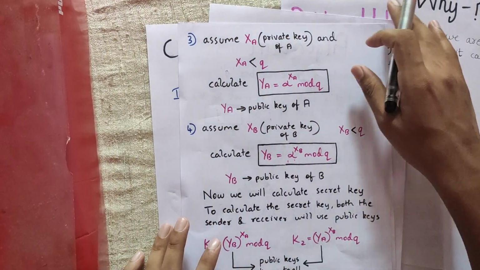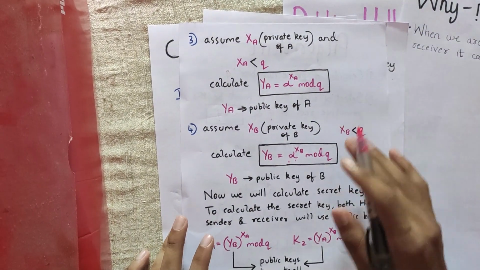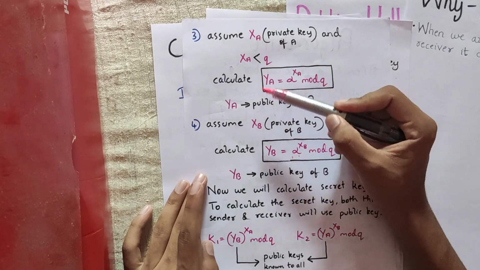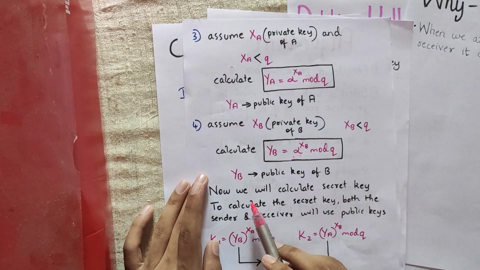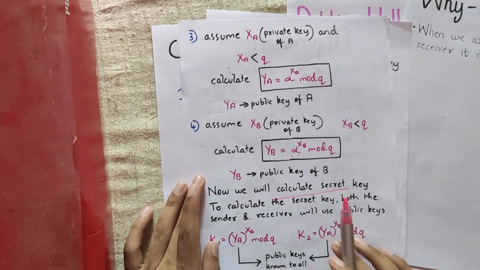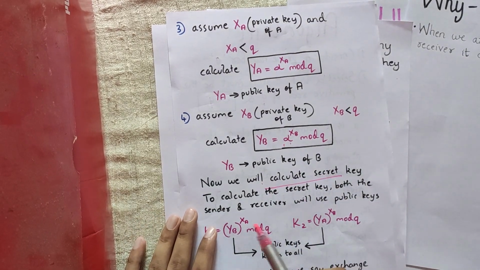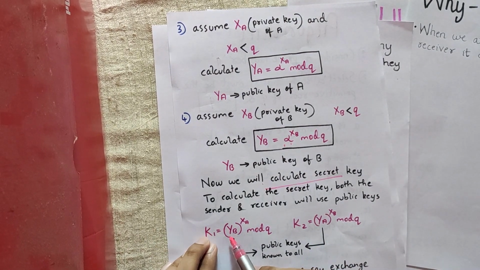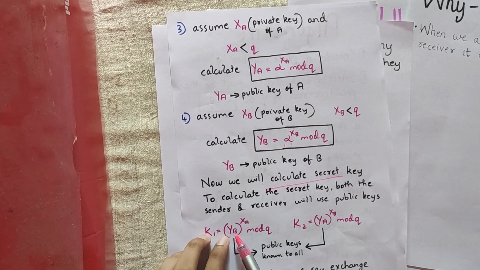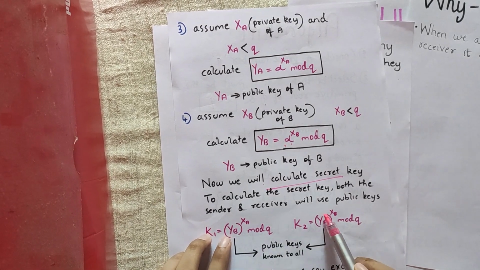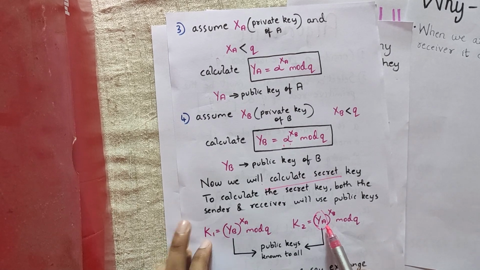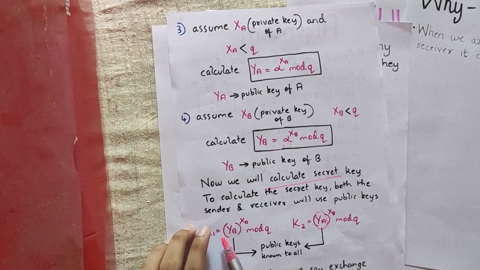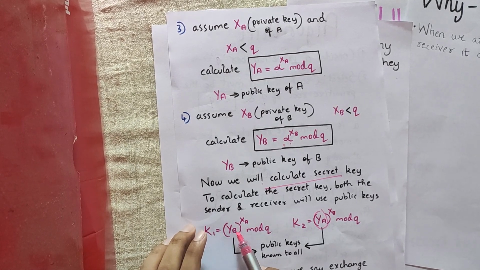Yes, this is the calculation of keys. We have already calculated XA and XB. Now we have to calculate the secret key. To calculate the secret key, both the sender and receiver will use public keys. The first person will use the public key of person B, and the second person will use the public key of person A. So the equation to find the key of person A is K1 is equal to YB raised to XA.